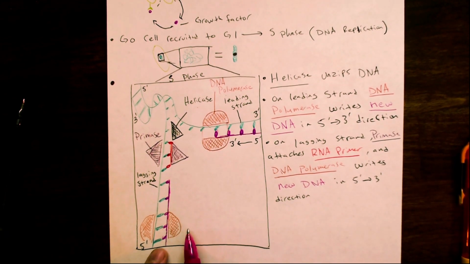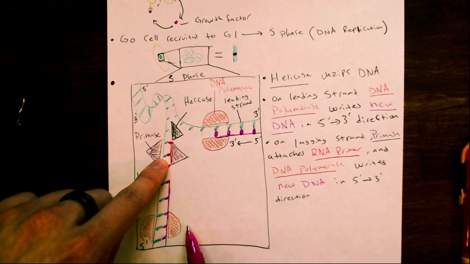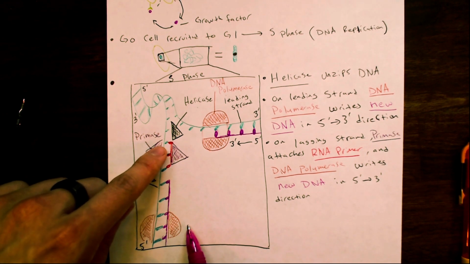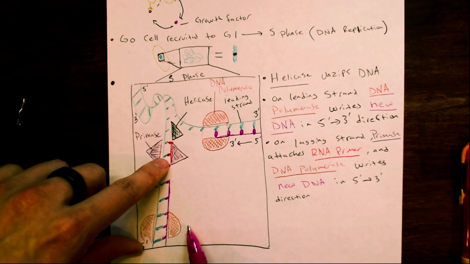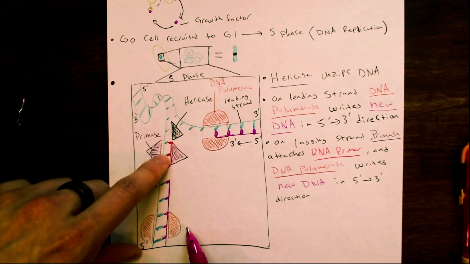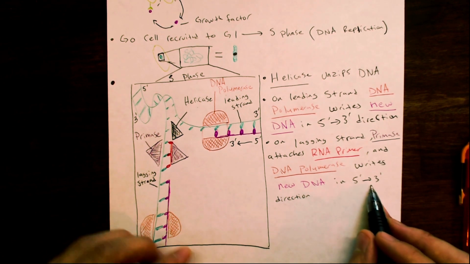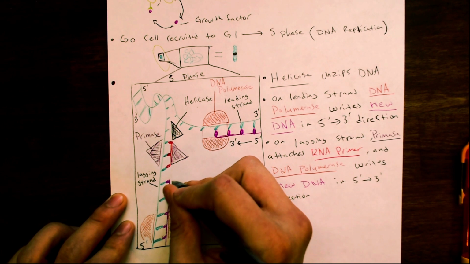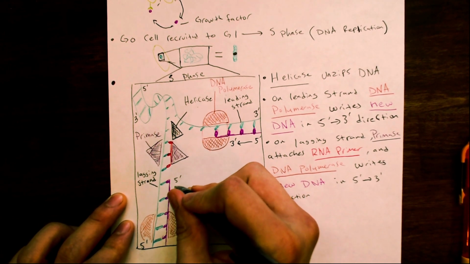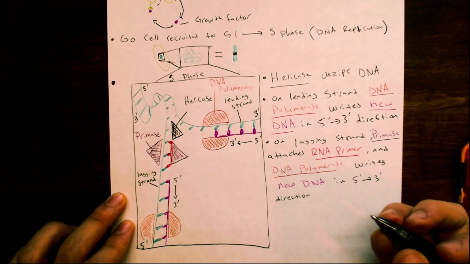So I don't know if I mentioned this, but your DNA polymerase is actually going to remove that RNA fragment and replace it with DNA. However, actually we'll get to that part in a second. So it writes it in a 5' to 3' direction, and I'll just label that here. So it's going to be 5' here, and it's moving in the 3' direction.